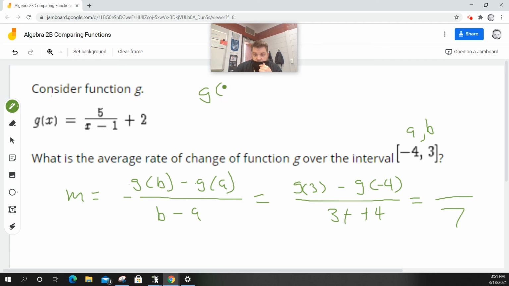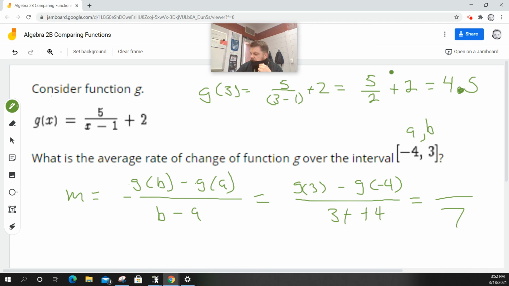So g of 3 is equal to 5 over, plugging in a 3 for x, 3 minus 1 plus 2. In the next line, I'm going to combine the stuff on the bottom. I get 5 over 3 minus 1, which is 2, plus 2. If I plug that into the calculator, 5 divided by 2 is 2.5, so this would be 4.5.